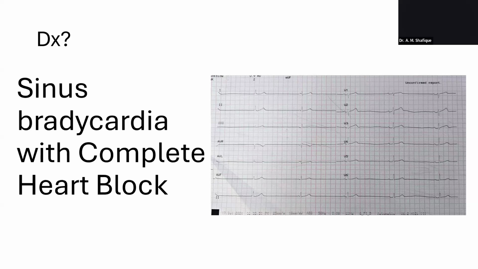Later on, I could see the PP interval is fixed, the RR interval is fixed, but there is no relation. So it should be complete heart block. But the rate is around 30 for PP interval and around 32 for RR interval. So it is sinus bradycardia as well.